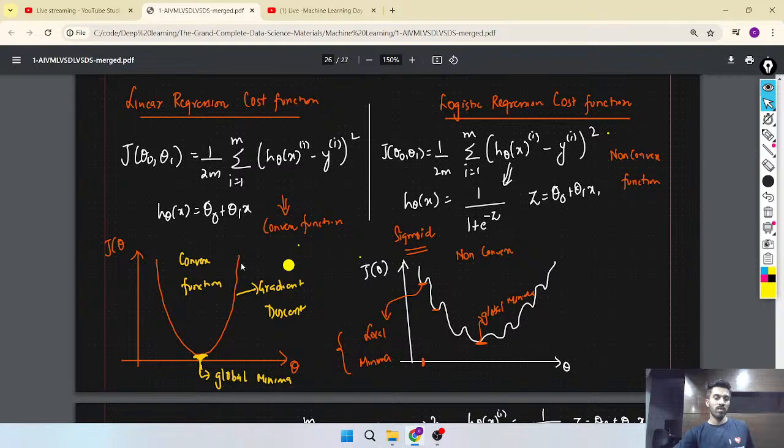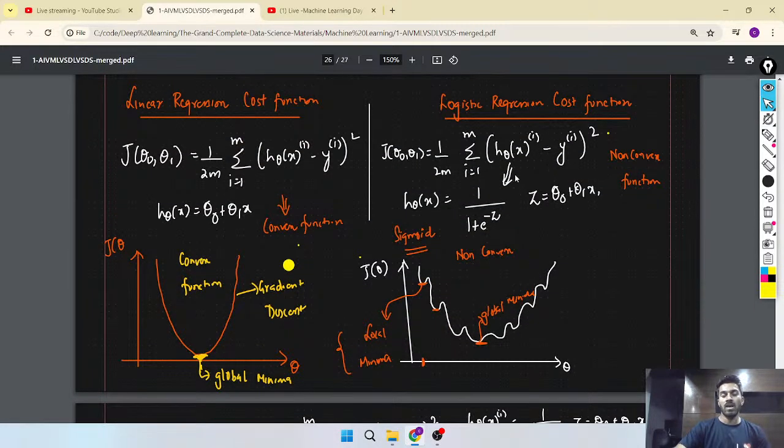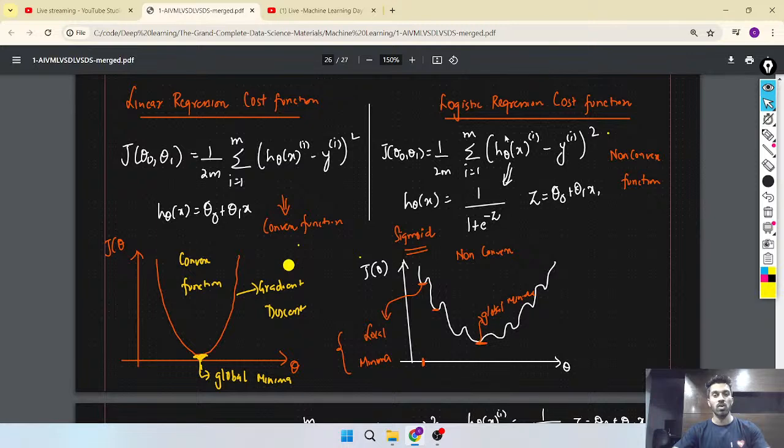This is a convex function and this is a non-convex function. The interviewer will ask why you don't apply gradient descent with this cost function in logistic regression. You can say that this cost function looks non-convex, with many local minima, so we will not get the global minima. We will get stuck in a local minimum. That's why we don't apply this cost function in logistic regression.